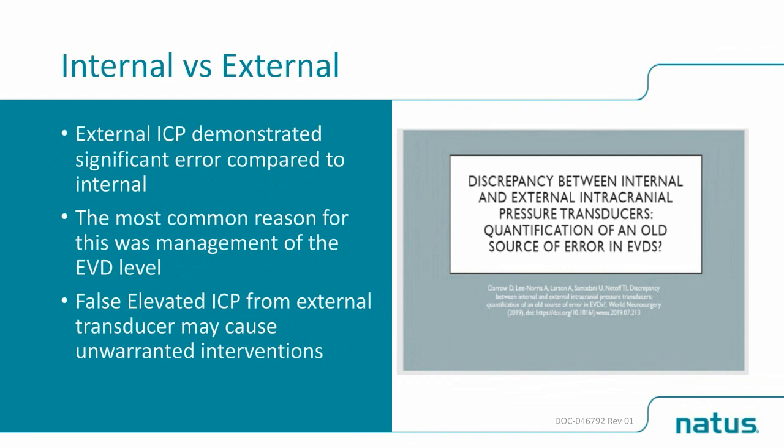The data showed that the external transducers were more likely to be inaccurate and falsely elevated, resulting in potentially treating a patient that wouldn't need treatment. This inaccuracy was attributed to the nursing management of the drain. These drains require constant releveling and frequent re-zeroing, and because these patients are typically in the ICU and nurses are extremely busy, it is impossible to ensure complete accuracy at all times.